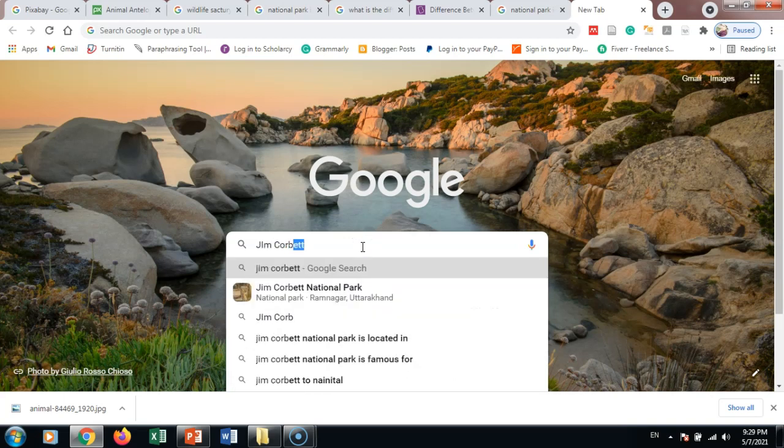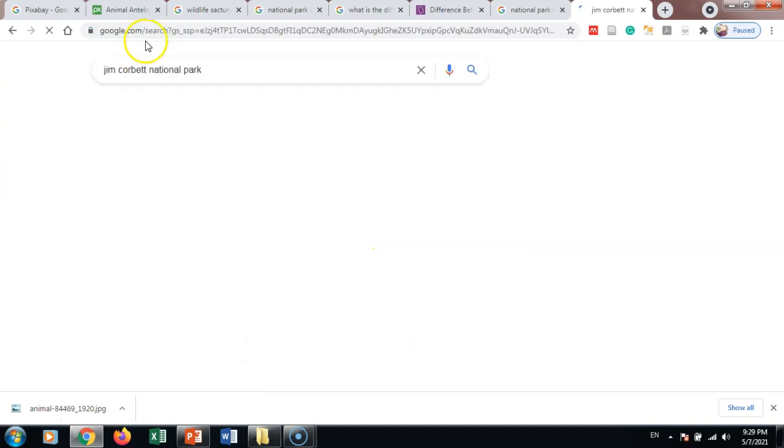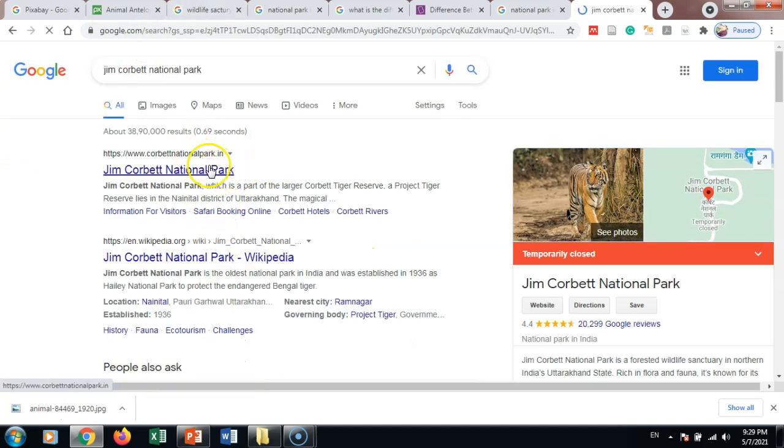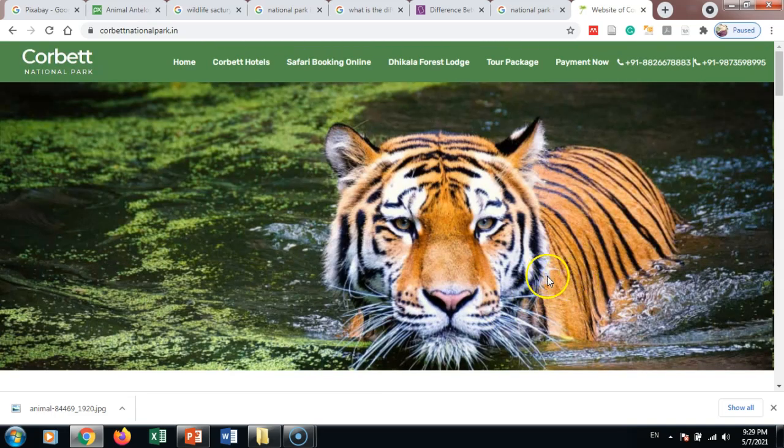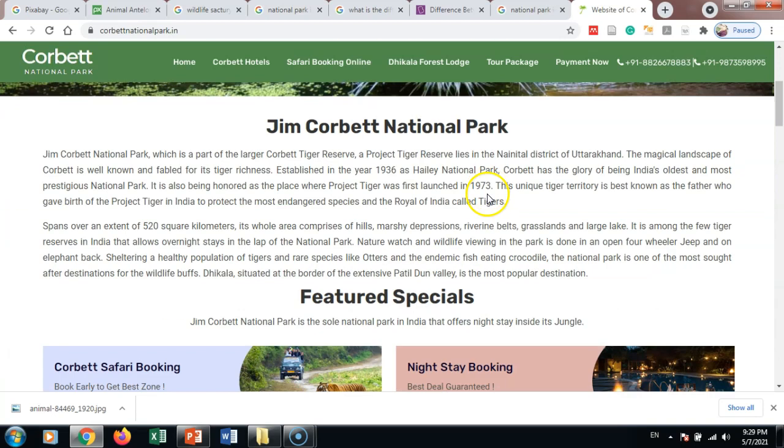Okay, so it is in Uttarakhand, and I want to tell you the old name of Jim Corbett National Park. This is the website of Jim Corbett National Park.